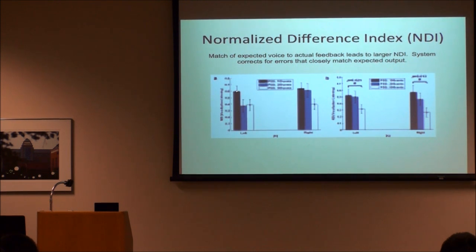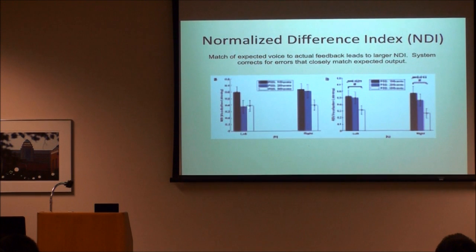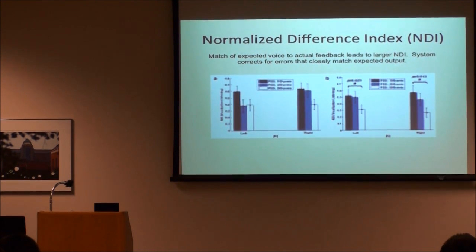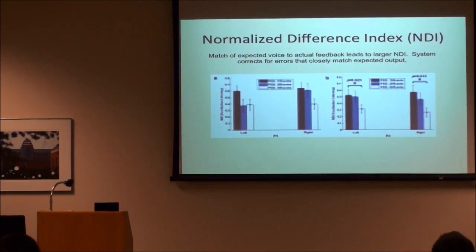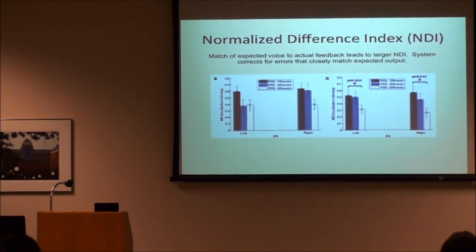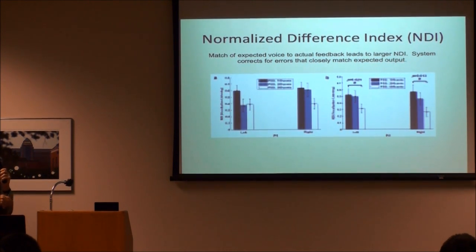And the black curves illustrate the response to 100 cents shift, and then 200 and 500. Left hemisphere, right hemisphere, left hemisphere, right hemisphere. So what this shows us is that the smaller the shift, the greater the difference between listening and speaking.